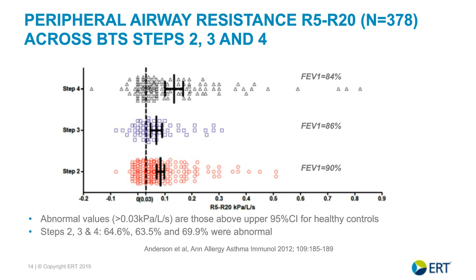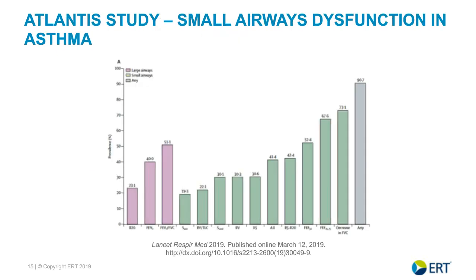So small airways dysfunction is actually, as you can see from this graph, very common across all steps of asthma. This is a more recent paper published 2 weeks ago in the Lancet Respiratory Medicine from the Atlantis study cohort group, looking at the prevalence of small airways dysfunction in asthma.